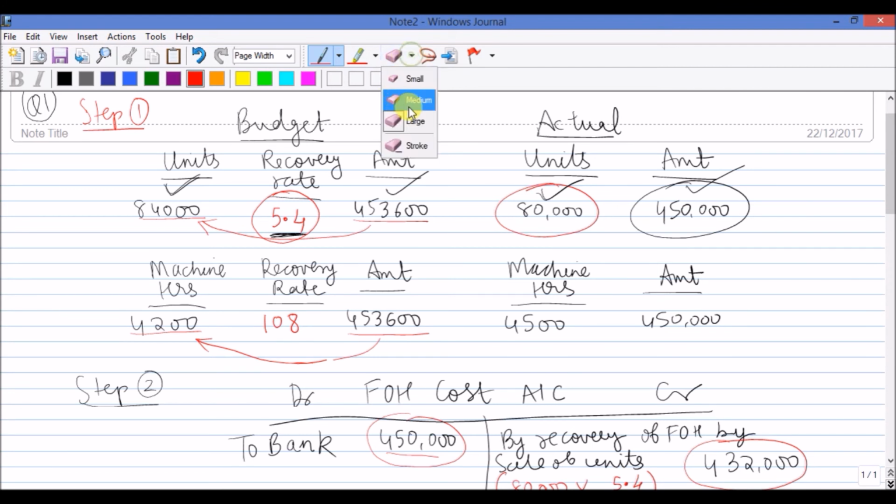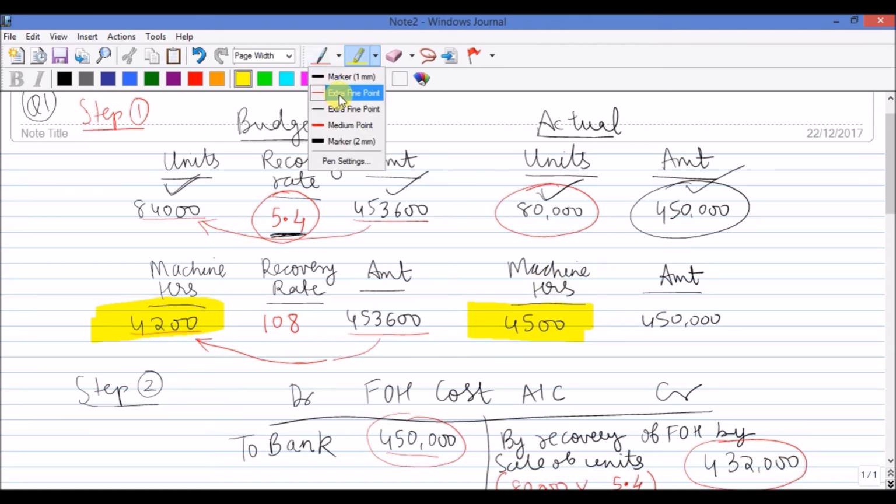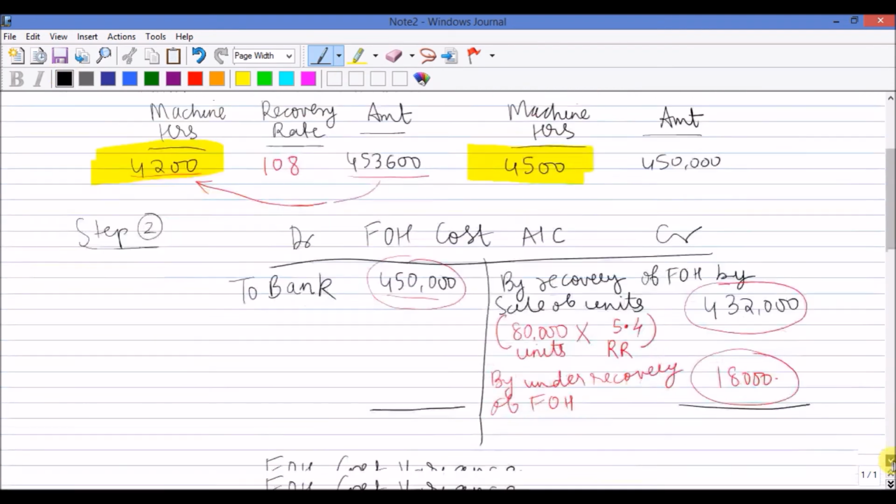Now let's see what is our capacity. I thought that the machine would be working for 200 hours. This was my budget. In reality, the machine has worked for 500 hours, my friends. It means the machine has worked more.